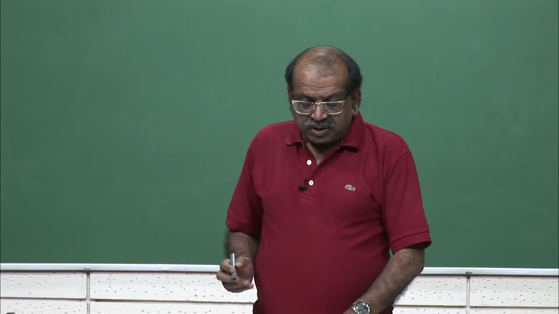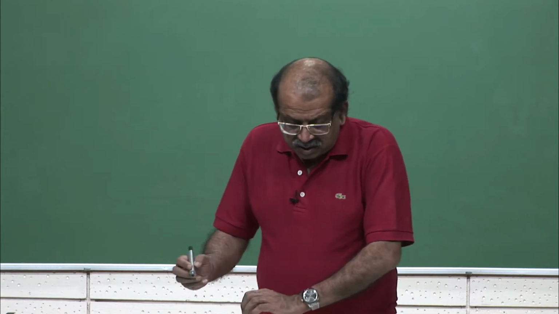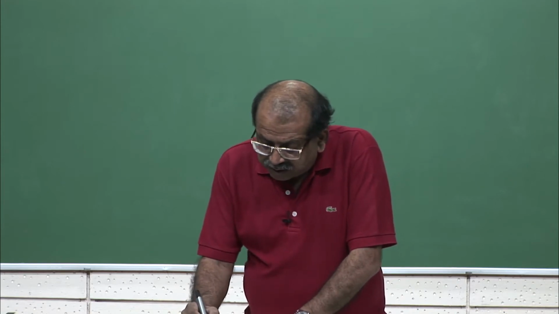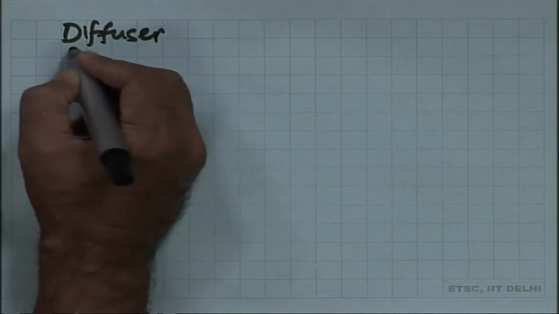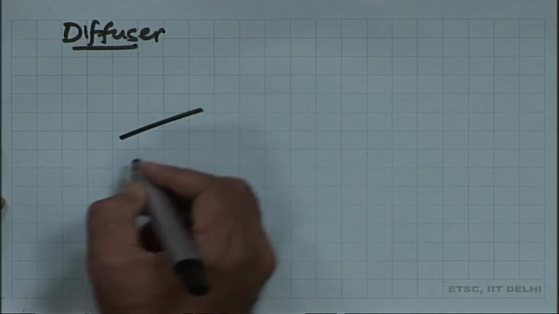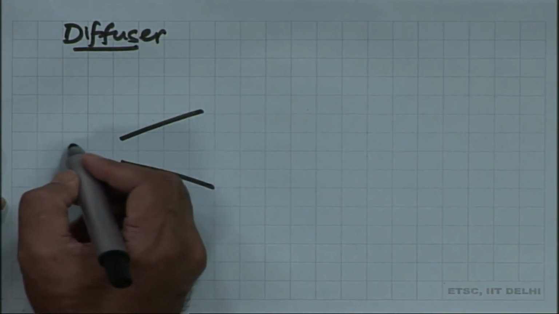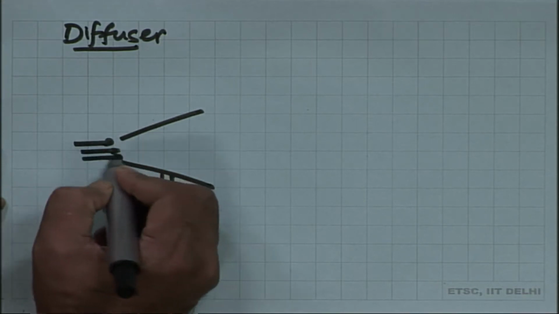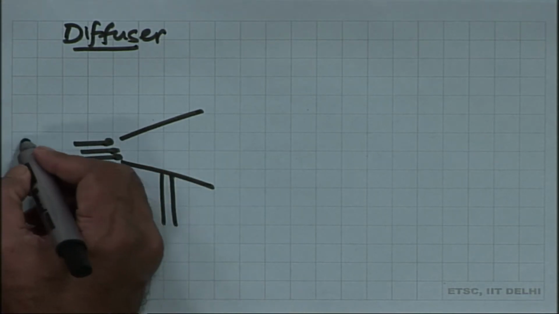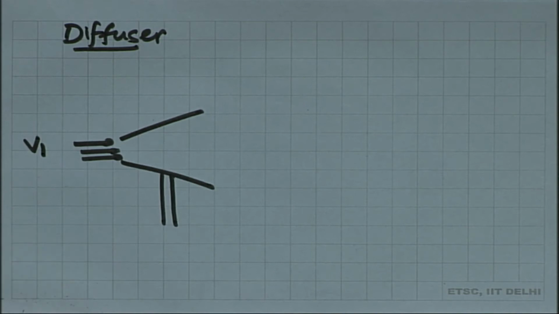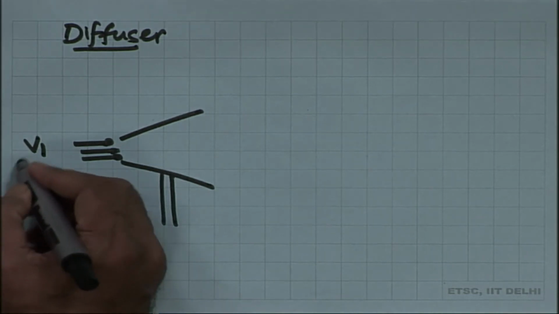Okay. So, now let us look at one example. Let us look at the example of a diffuser, in which flow enters with velocity V1.